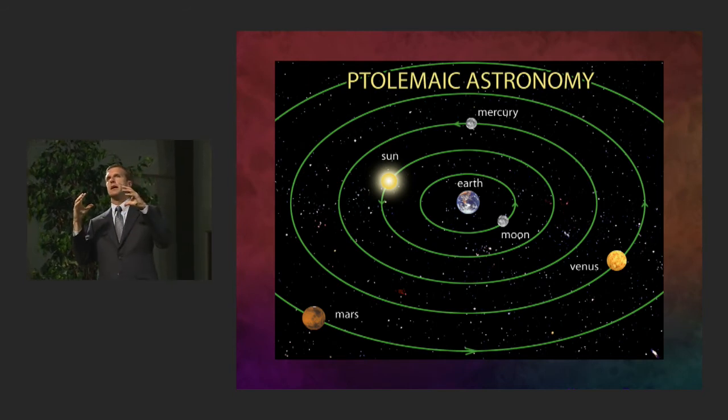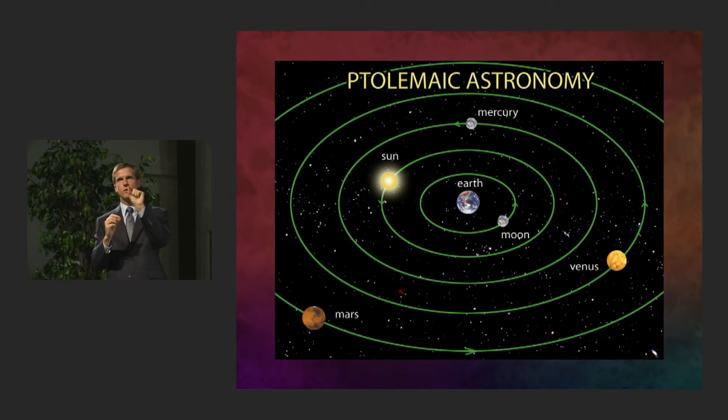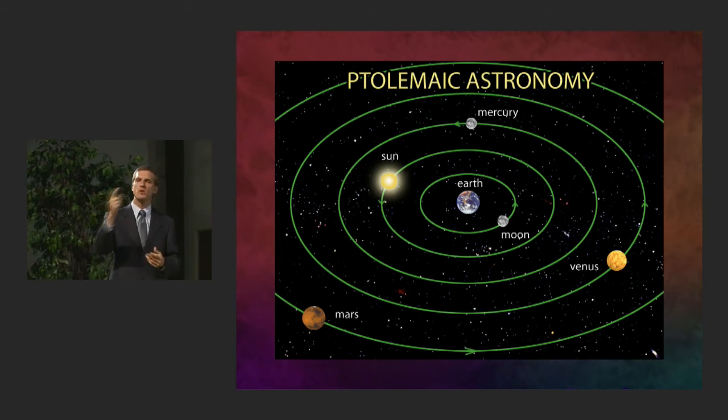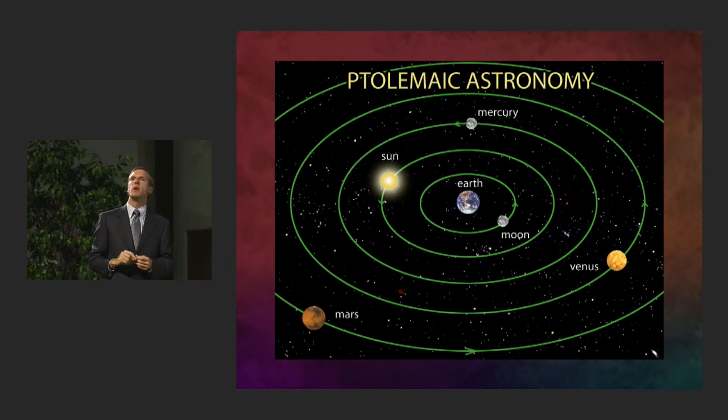elaborate mechanism which actually predicted, by the way, it predicted very well the planetary motions which were being observed at that time. For hundreds of years, planetary motion was very accurately predicted by the Ptolemaic model of the solar system, where the sun was rotating around the Earth.